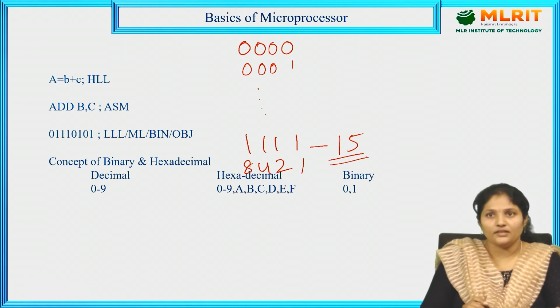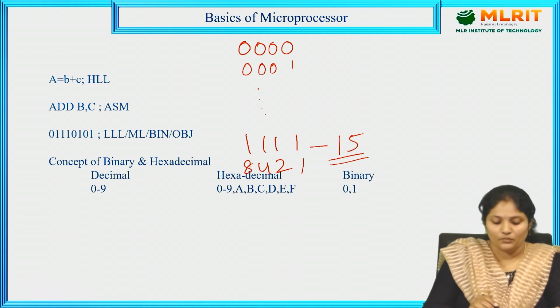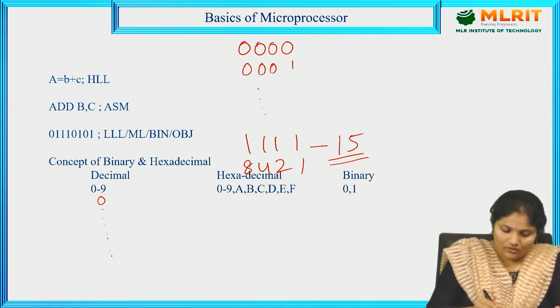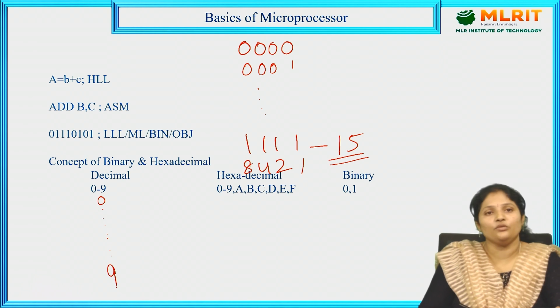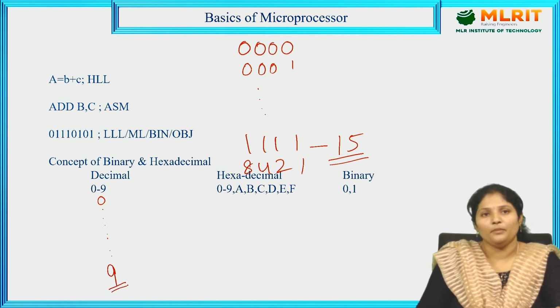But is there a 15 in the decimal number system? No. The digits in the basic decimal number system are 0 to 9. So how will we represent 9 in binary?